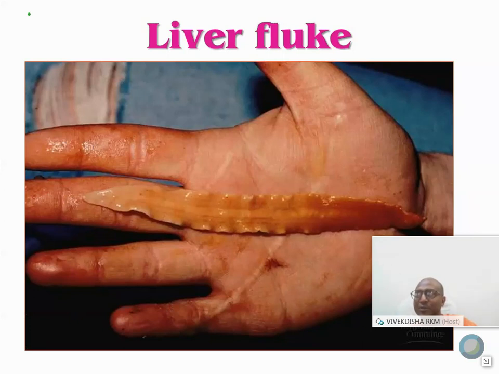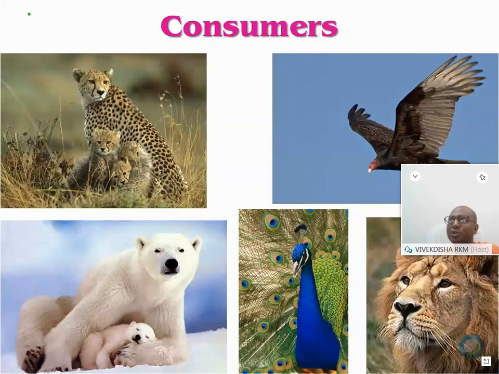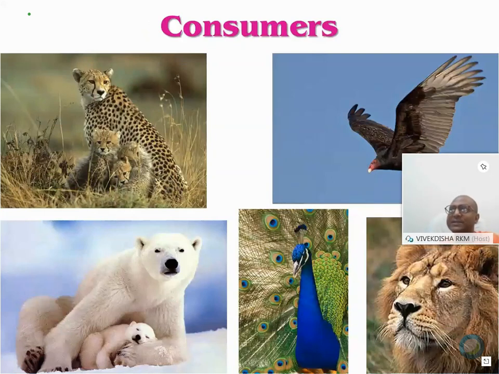So they have to be treated with some medicine or some precautionary measures should be taken. So many are there. We can see many consumers around us. We can see many mammals, lions, polar bears, cheetahs, birds like that. Many are there. So all are consumers.